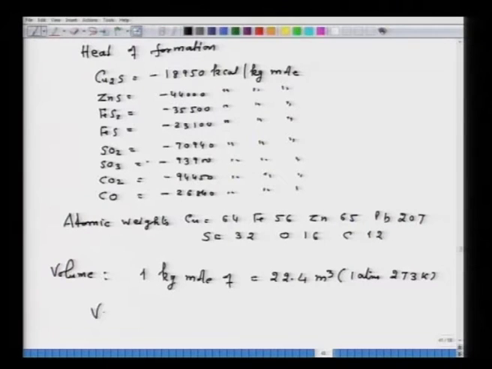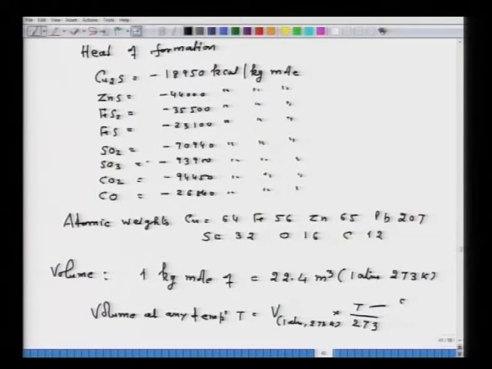So, the volume of gas at any temperature T will be equal to V at 1 atmosphere and 273 Kelvin times T upon 273, where T is in degrees Kelvin. That will be in meter cube at 1 atmosphere and the referred temperature.